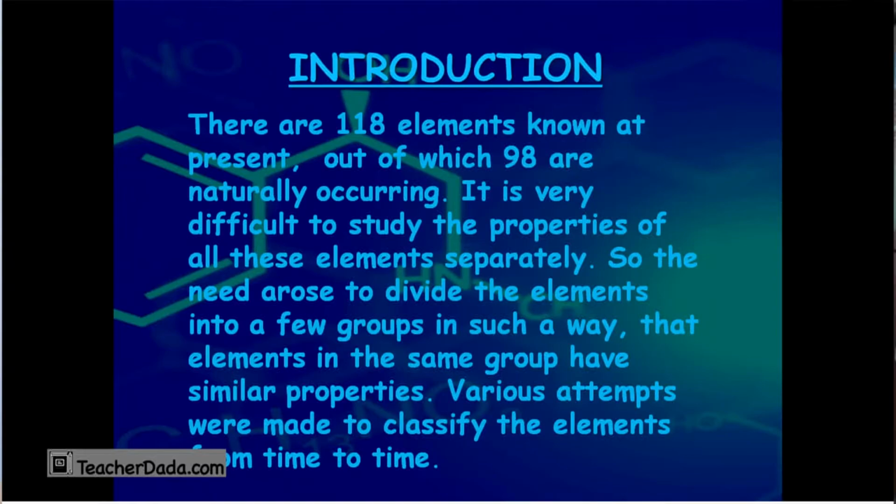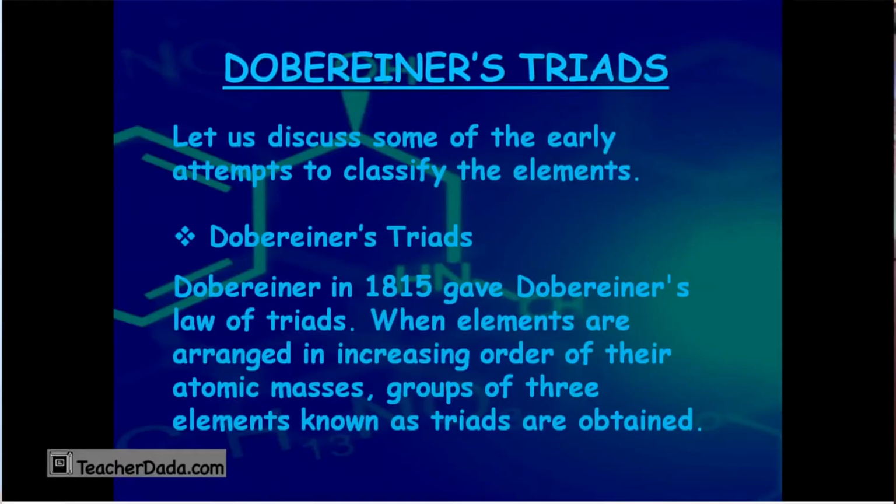The periodic table, what we see today, is the work of many scientists over different centuries. At the onset of the 19th century, in 1815, Dobereiner had given some laws which are known as Dobereiner's law of triads.